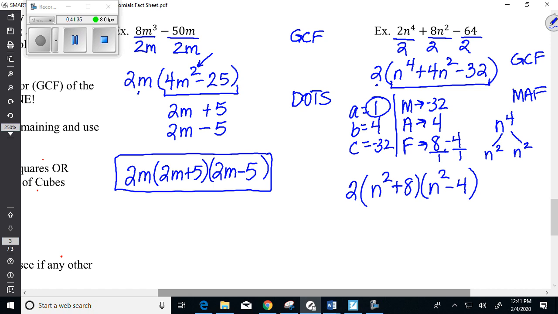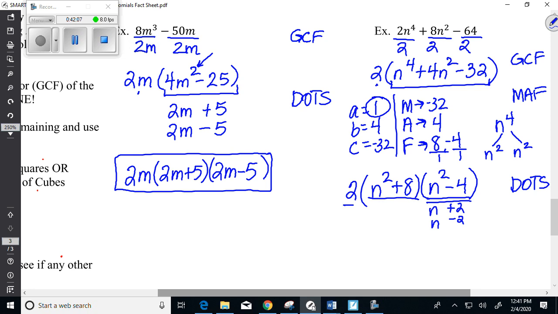So that's our factors, but now you need to check. The 2, nothing else you can do with. n squared plus 8, nothing else you can do with. n squared minus 4 is difference of 2 squares. So we need to finish this off using difference of 2 squares. n squared is n times n. 4 is 2 times 2. Positive 2 and a minus 2.